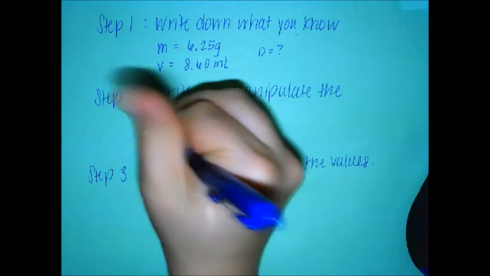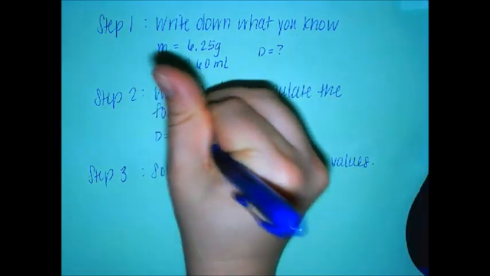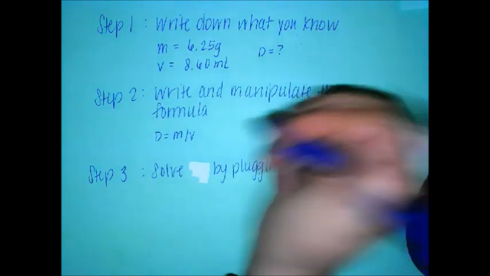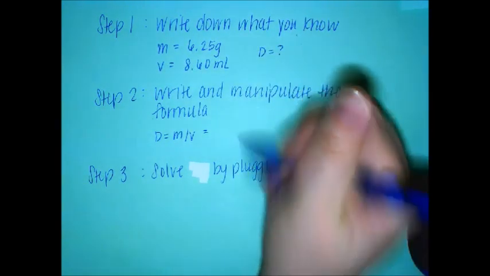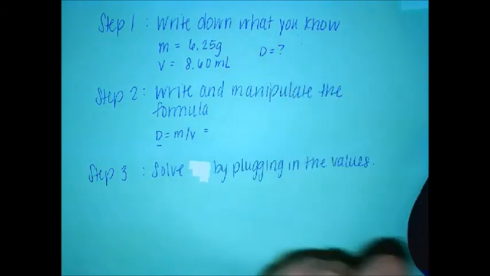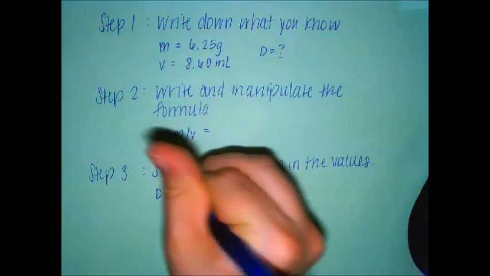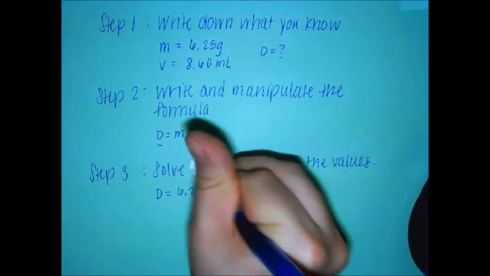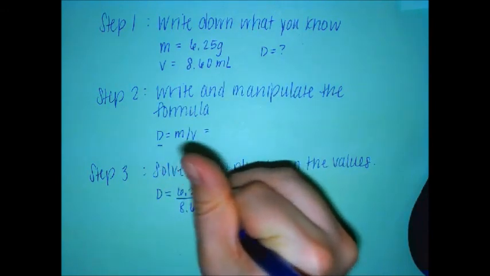So we know that density is equal to mass divided by volume. Since we don't need to manipulate this, we can just go to the next step because we're solving for density, and that's our question mark. So the density is equal to the mass, which is 6.25 grams, divided by 8.60 milliliters, which is the volume.